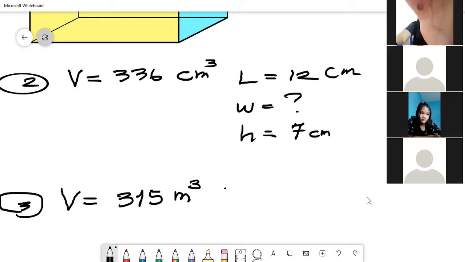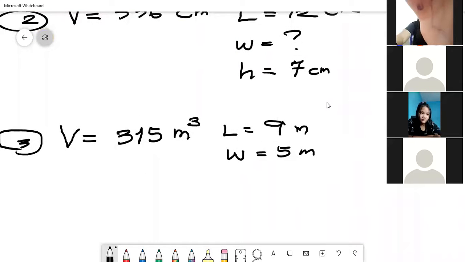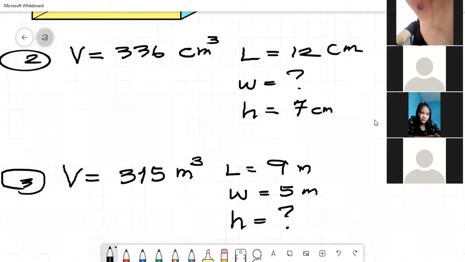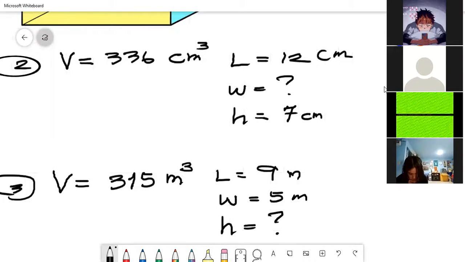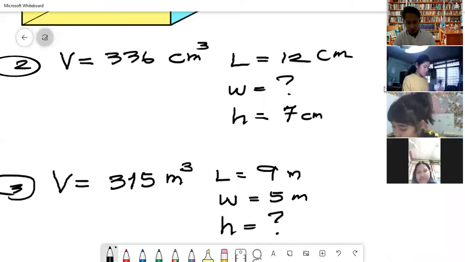The length is equal to 9. The width is equal to 5 meters. And the height is the question mark. Okay? That is your work for this weekend or tomorrow or tonight. Up to you.